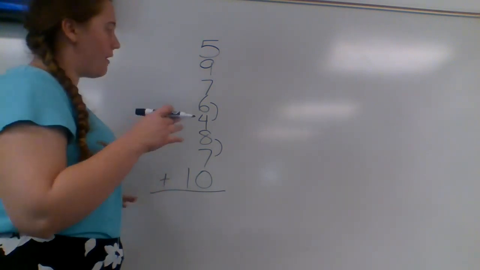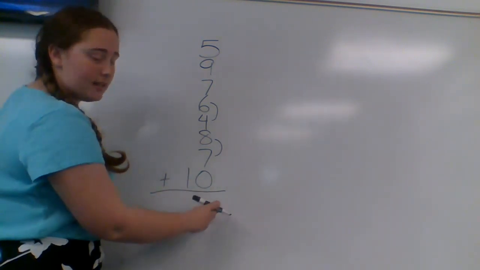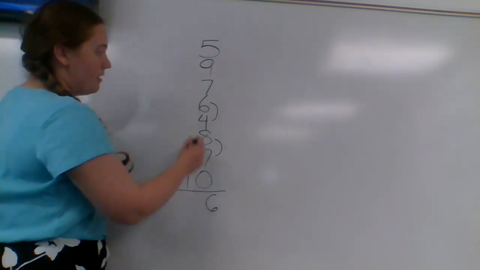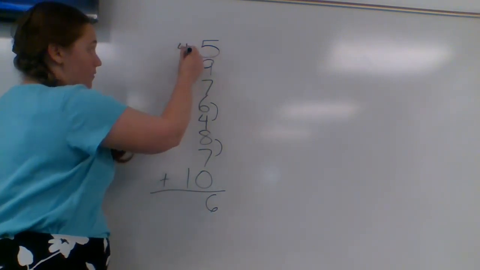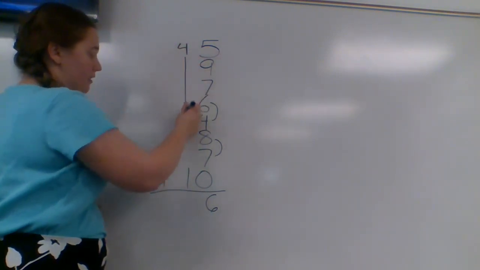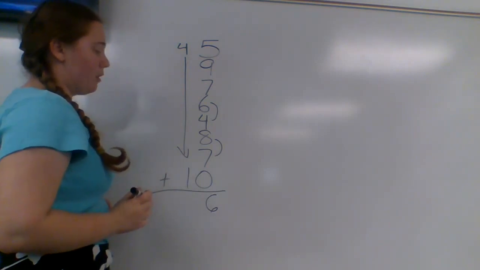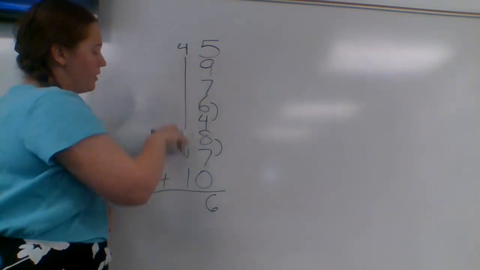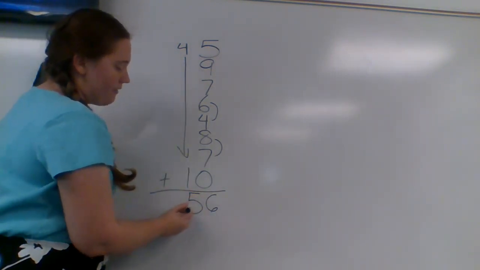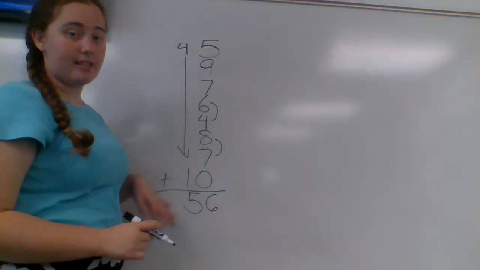And so we have 46. Now I'm not going to write 46 down here, but I will write 6, and then my 4 gets carried over here, and I'm going to add 4 with that 1. So 4 plus 1 is 5. So I have that 5 and that 6, 56.